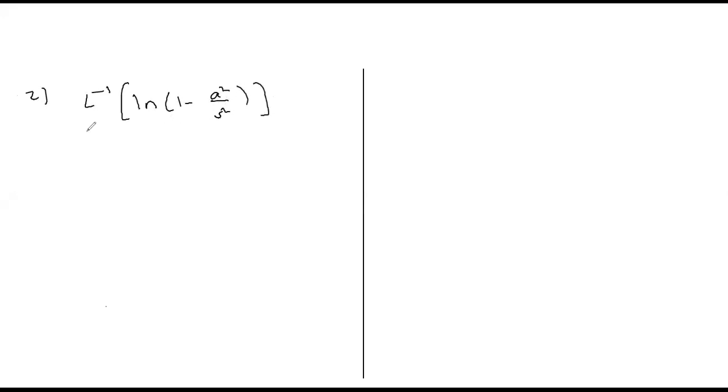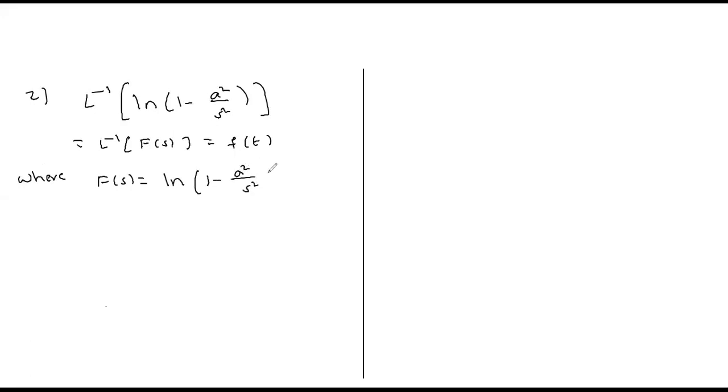How do we do this? We'll consider it as L inverse of f of s, which is naturally equal to f of t, where f of s is equal to log of 1 minus a square by s square.